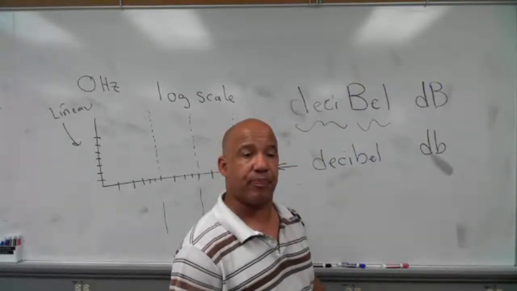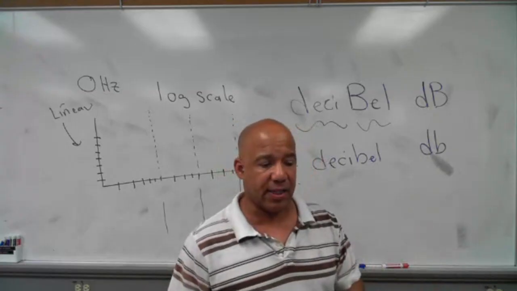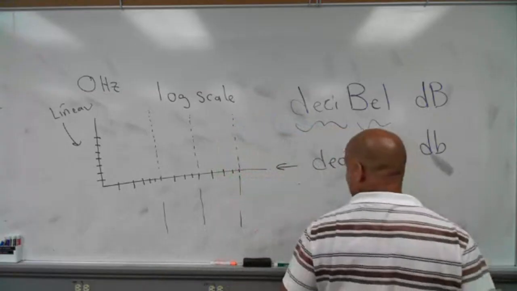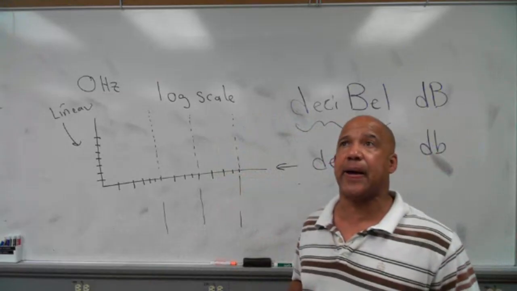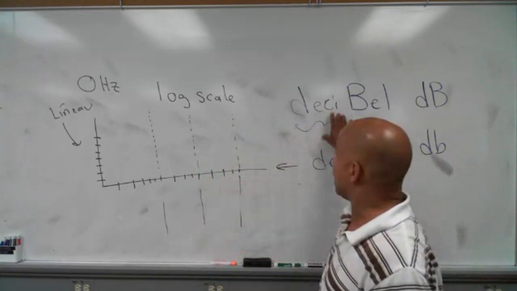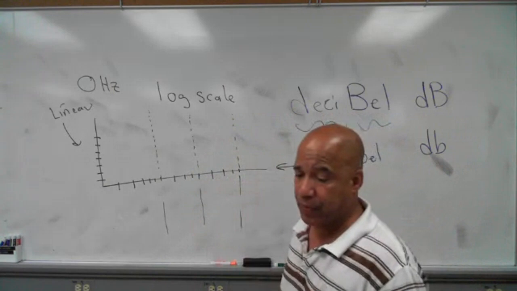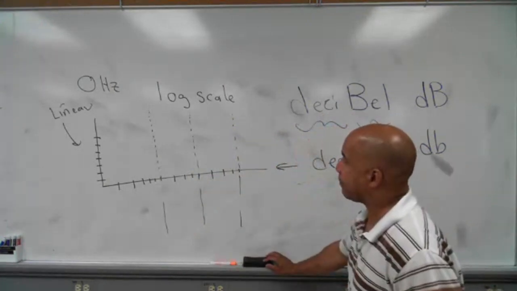It's a unit comparing powers to each other. Now I'll get to the decibel in just a second. I want to talk about this idea of gain. I mentioned gain in last class, and I want to bring it out here, and then we'll come back to the decibel. So let's talk about gain.